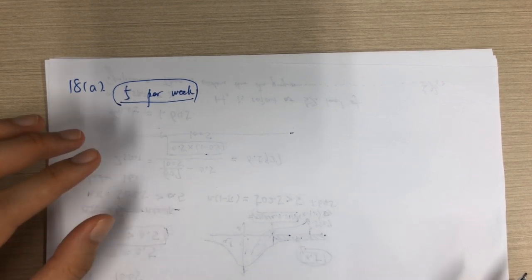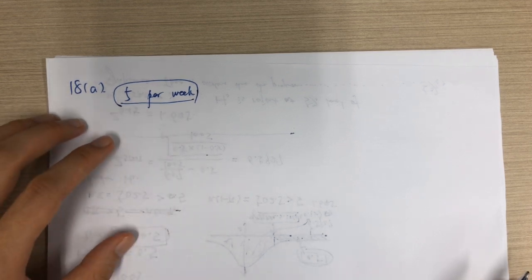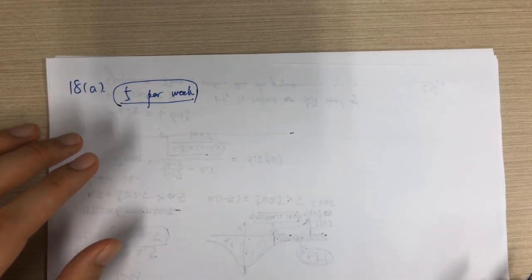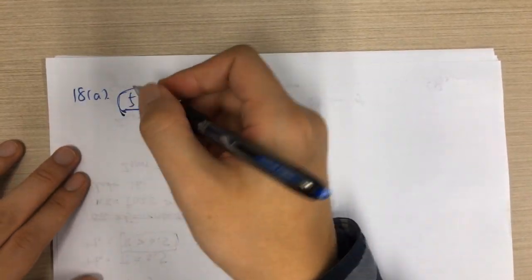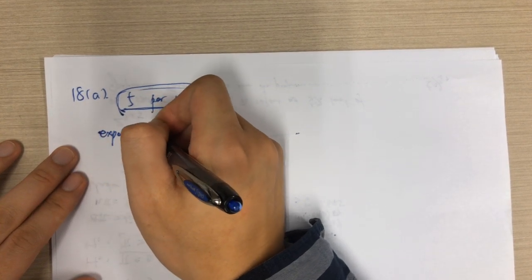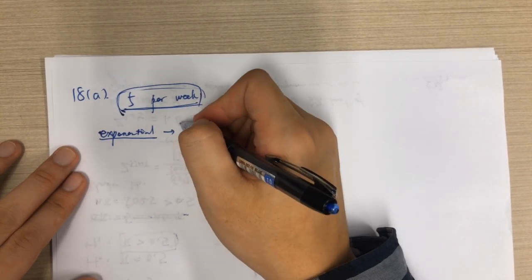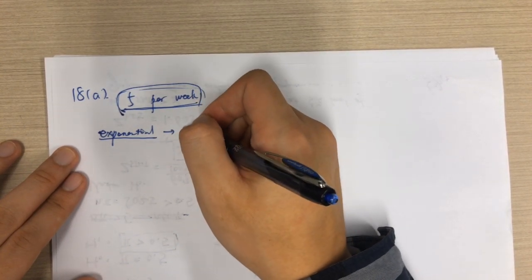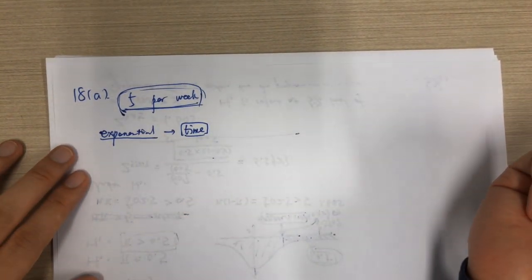All right, so time between accidents follows an exponential distribution, right? Because 5 per week, for an exponential random variable, it's always about the waiting time, or the time between two occurrences.